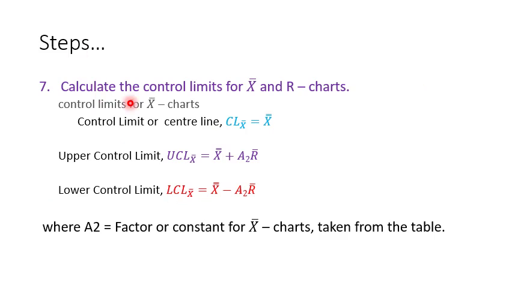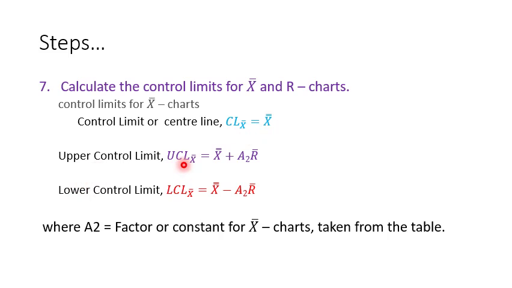The seventh step is to calculate the control limits for X bar and R chart. First we calculate the control limits for the X bar chart, that is the center line, upper control limit and lower control limit. The center line, CL for the X bar chart, is equal to X double bar.